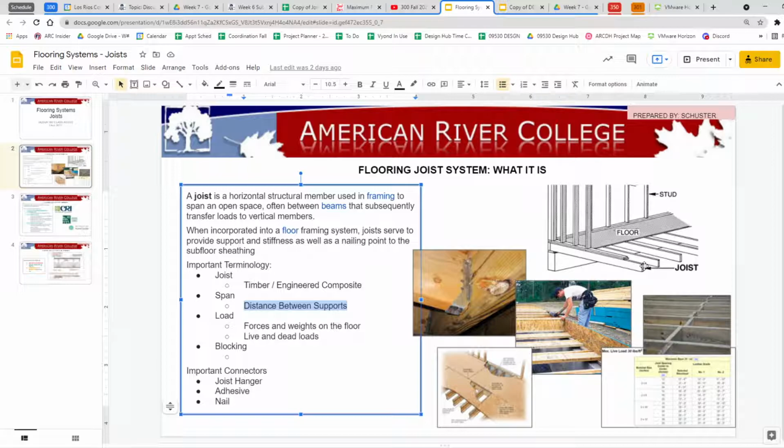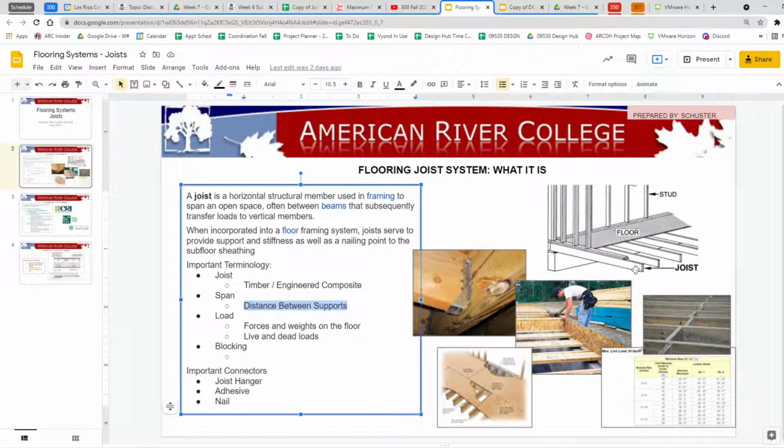How far across is it until the next support? And you can imagine the farther apart they are, the less load you can put in the middle because this will bend. Wood bends, just like concrete does even more. Okay? And at some point, it can break. So if this gets too far apart, it can bend.